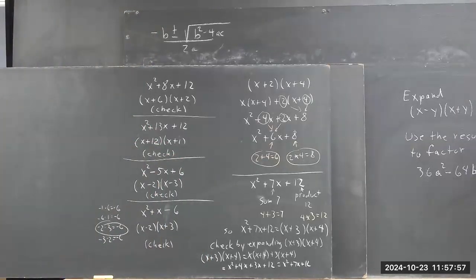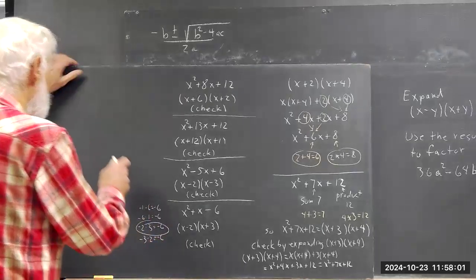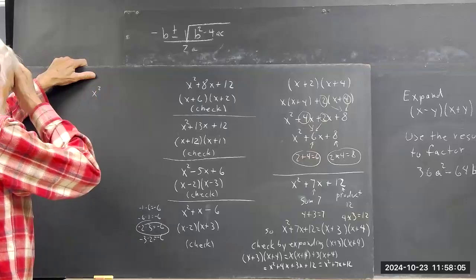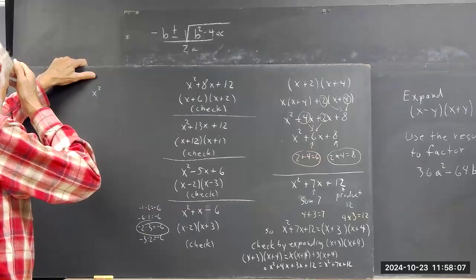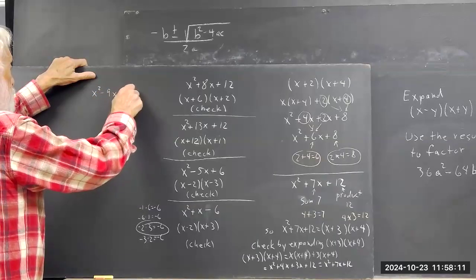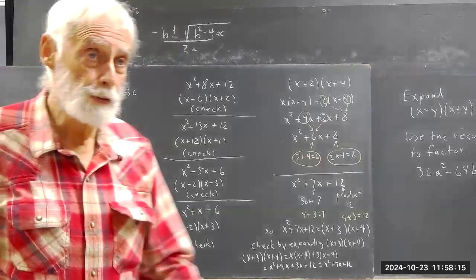Okay. Now, if I wanted to be really mean, I'd give you something like x squared minus 9x minus 36.